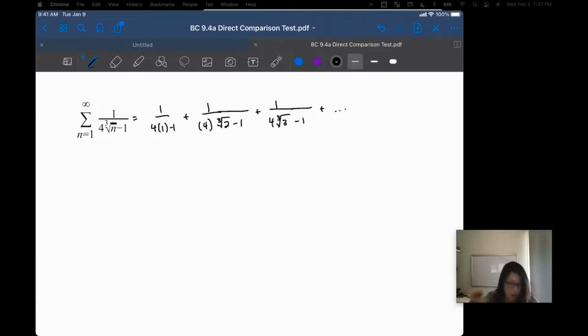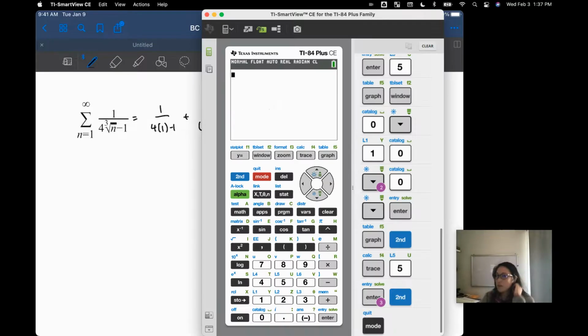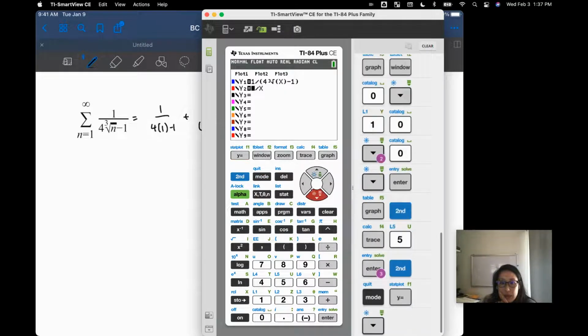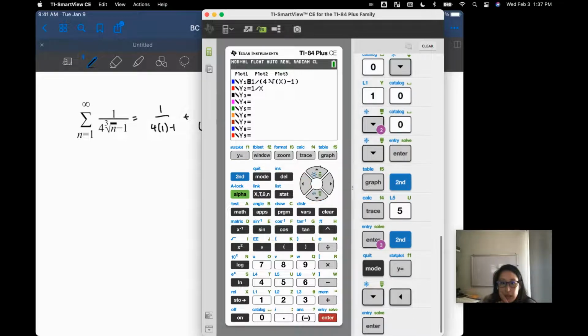And I am literally going to plug this into my calculator because I want to see what it looks like. So I'm just going to graph it. Notice it kind of looks like this.